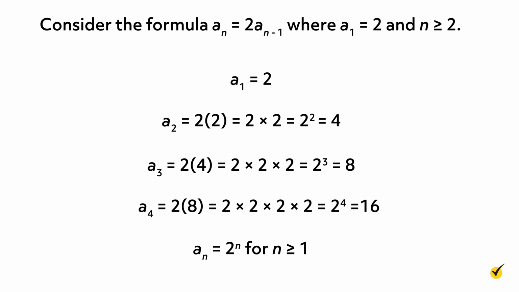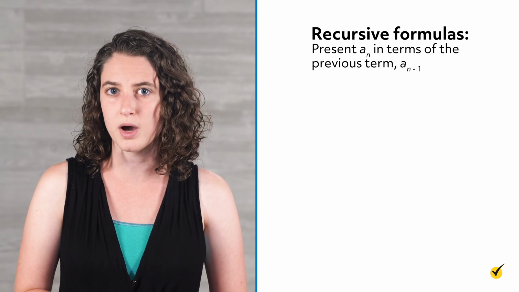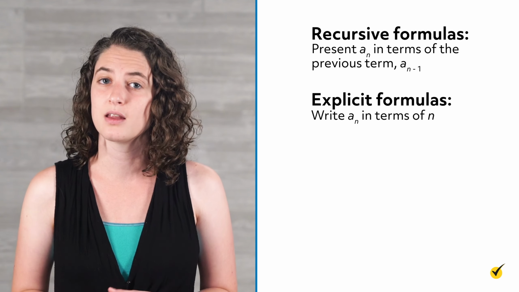When it comes to sequences of numbers, explicit formulas are usually regarded as more convenient to use. We can typically express sequences as either recursive or explicit formulas. Recursive formulas present a sub n in terms of the previous term, a sub n minus 1, while explicit formulas write a sub n in terms of n.